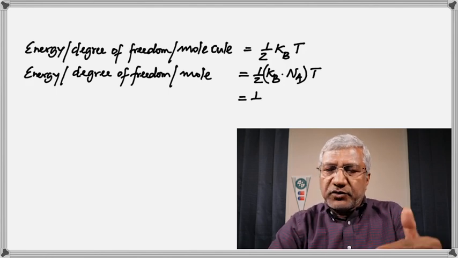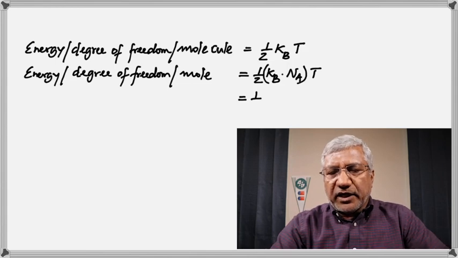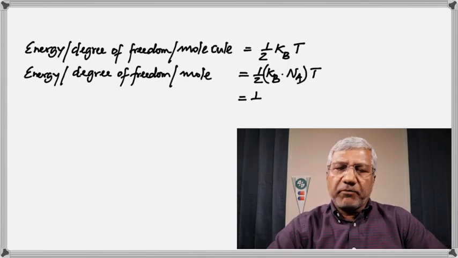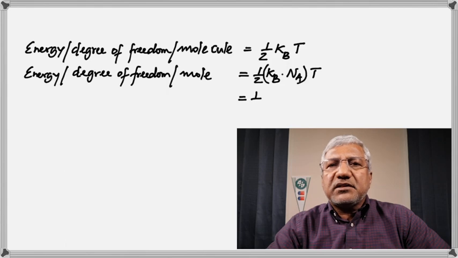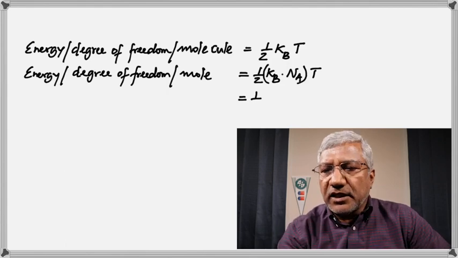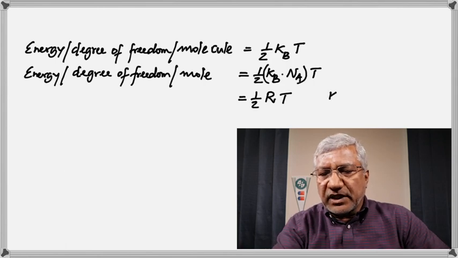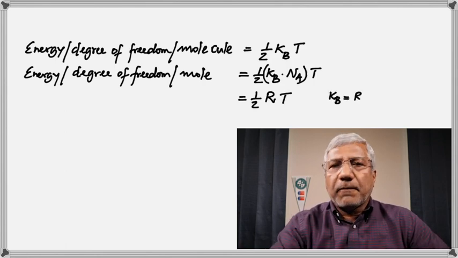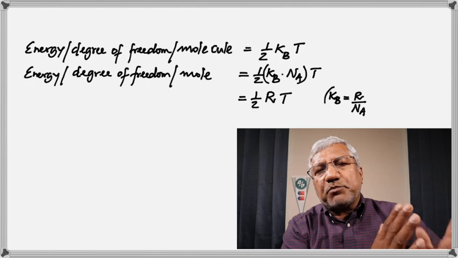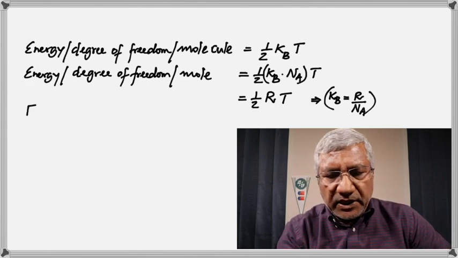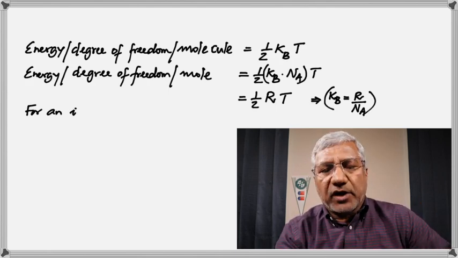So that's why we have multiplied it with N sub A. Now, kB times N sub A is another constant, which is called the universal gas constant R. So, energy per degree per mole is 1/2 RT.